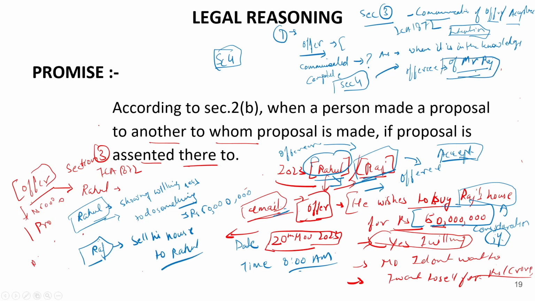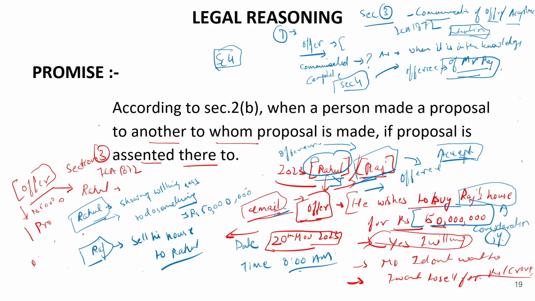So once Raj comes to know that Rahul wishes to purchase my house for rupees 50 lakhs, this knowledge of the offer by Raj is considered to be communicated. So the offer has been communicated and completed.